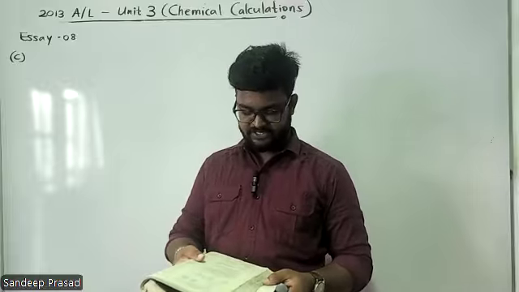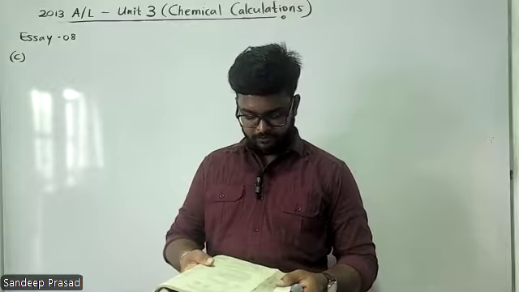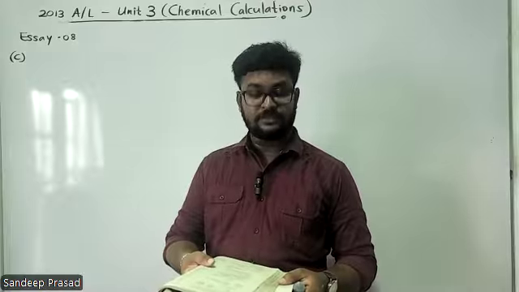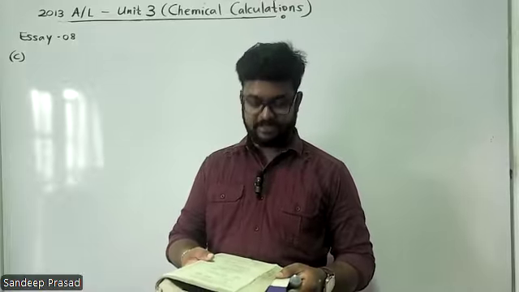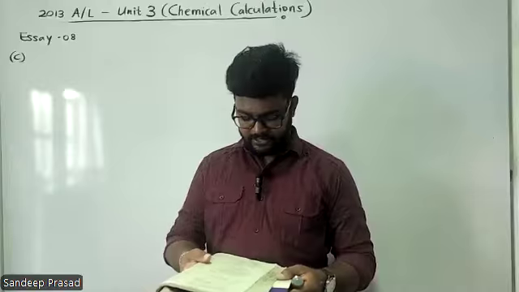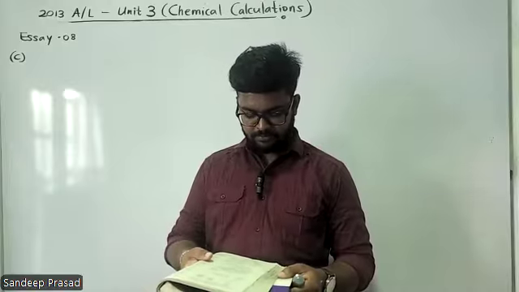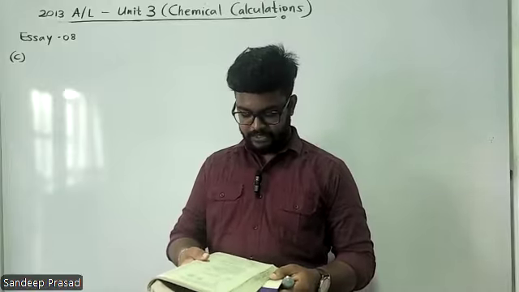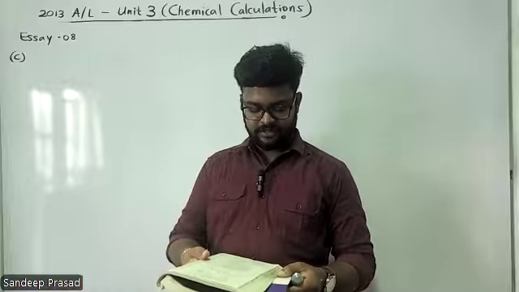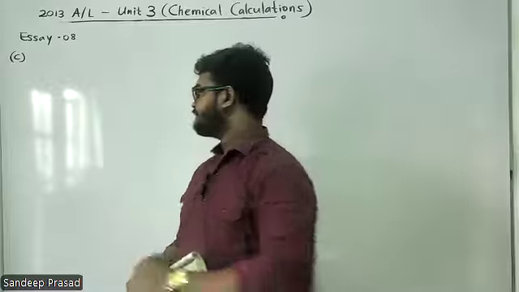So let's go over the procedure. A weight of 42.4 grams of the sample was transferred quantitatively to a 500 cubic centimeter volumetric flask and made up to the mark with distilled water. The flask was shaken thoroughly and solution X is prepared.